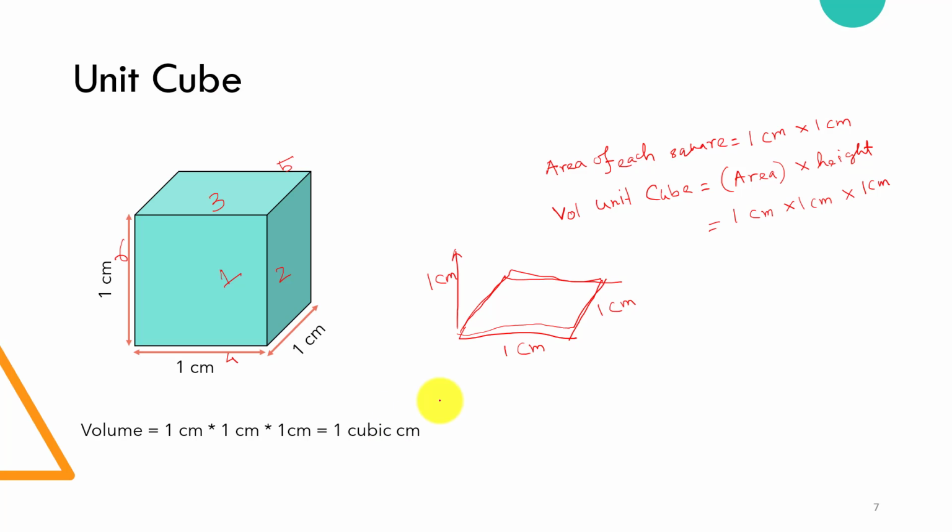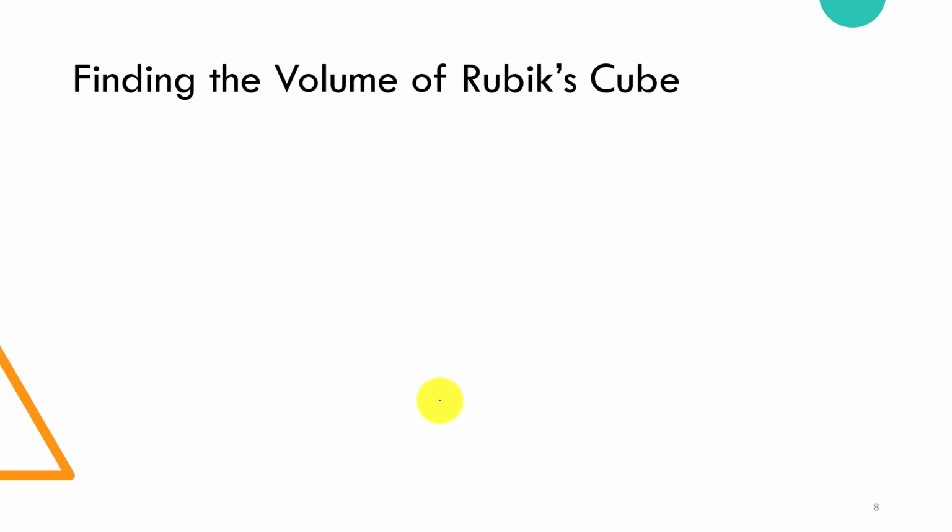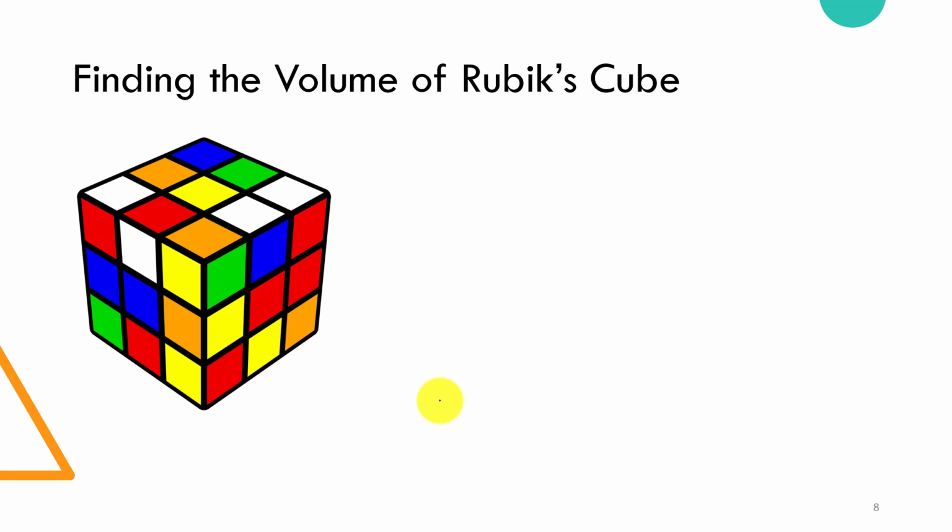Now with this concept of a unit cube, let's solve a real-world problem of finding the volume of a Rubik's cube. I think most of you have seen this game. It is very interesting and you should try it. This is called a Rubik's cube. Now let's assume that the side of each of these smaller cubes is 1 centimeter.